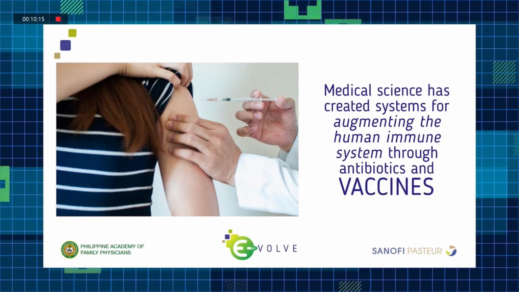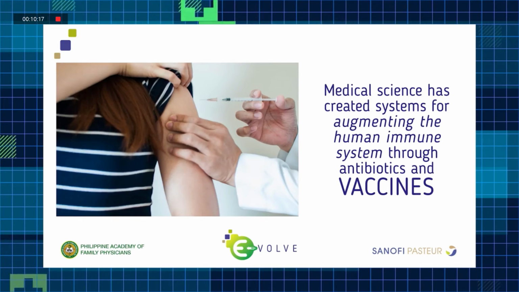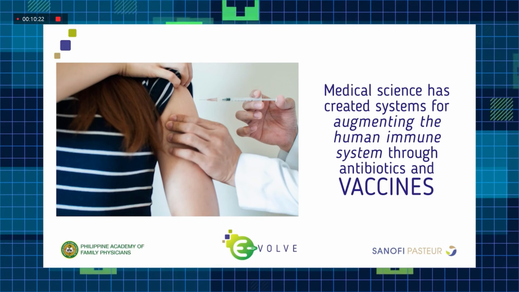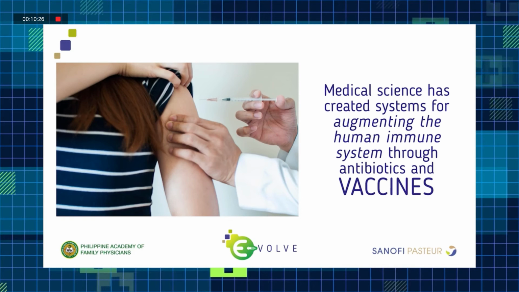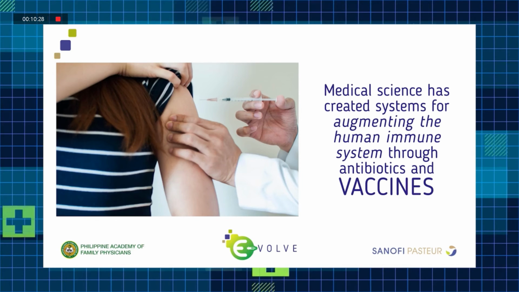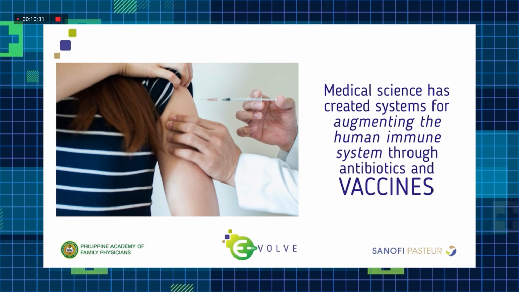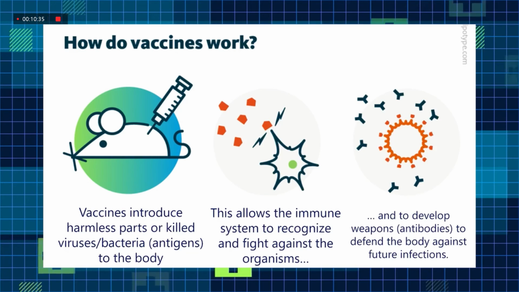And because the failure of immune response can result in hypersensitivity and/or immunodeficiency, medical science has created systems to help the immune system in fighting against infections through antibiotics for treatment and, more importantly, vaccines as a preventive tool.